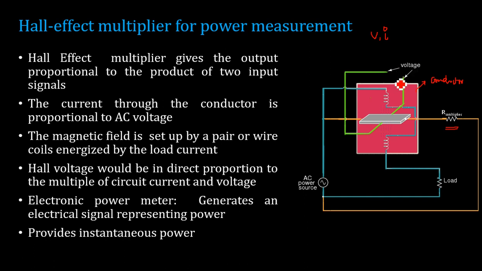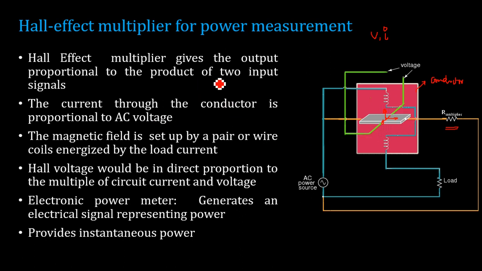You will get a voltage across this which is perpendicular to the direction of the current as well as the direction of the magnetic field. You will have current in this direction and magnetic field in this direction, so the voltage will be in this direction, perpendicular to both.